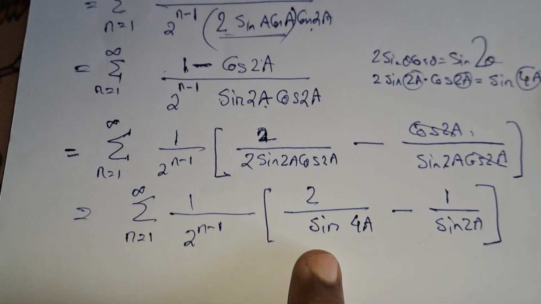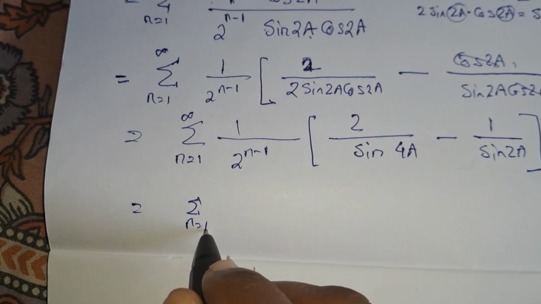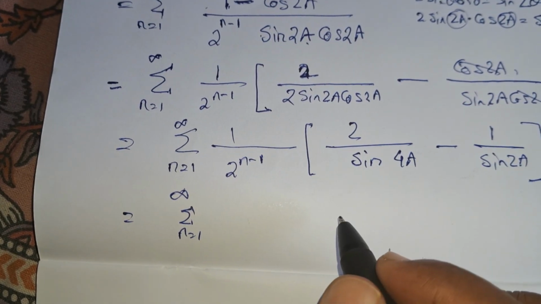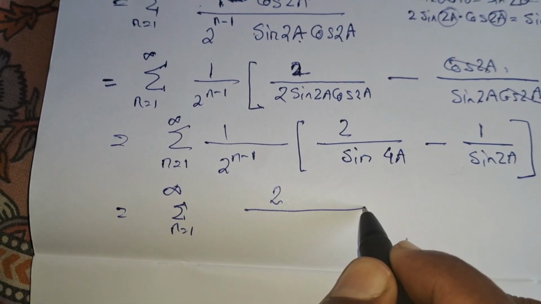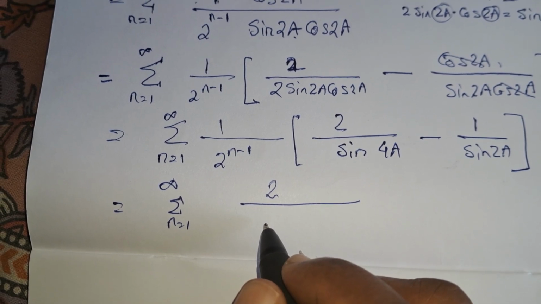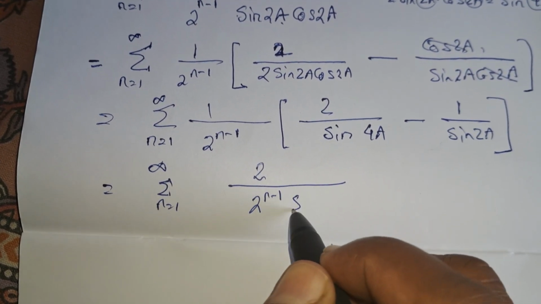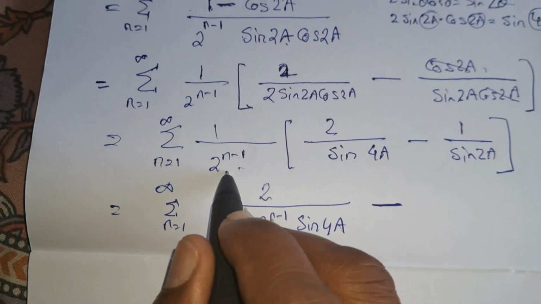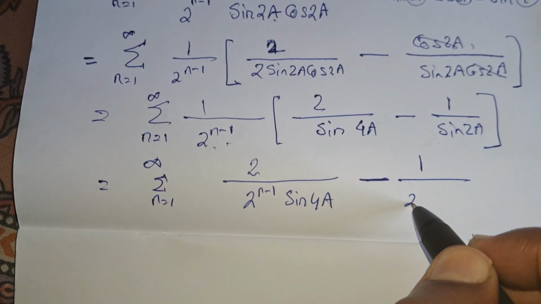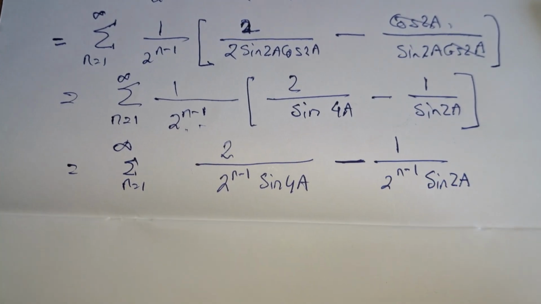Now multiply these two inside. 2 by, okay, minus, this will go inside, sine 2a.